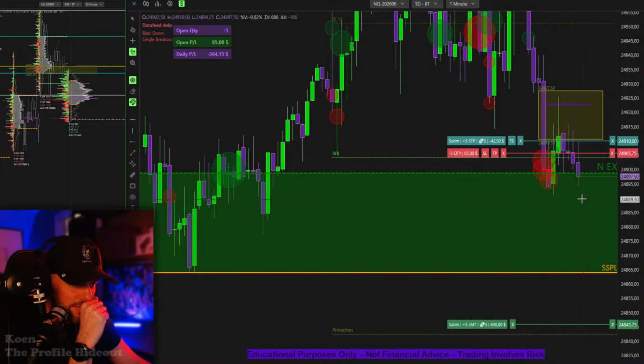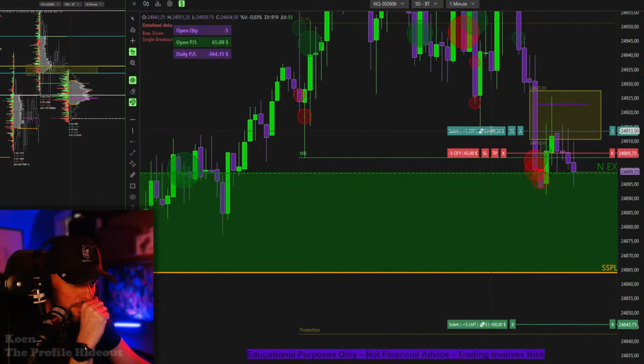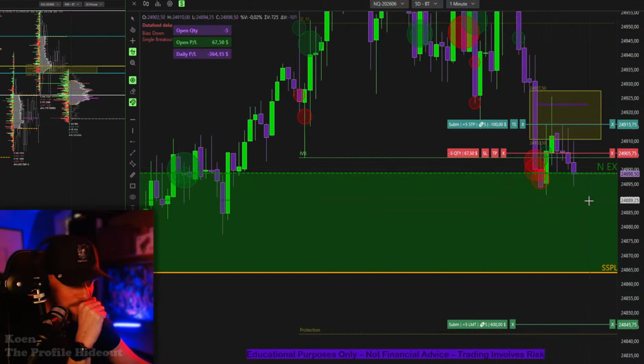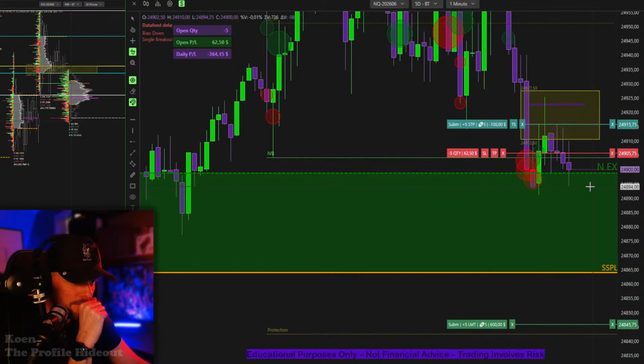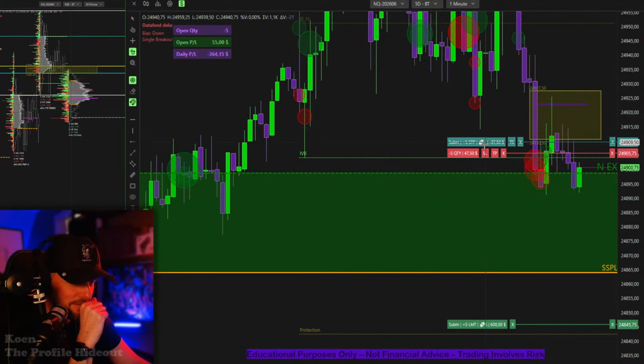Kind of want to see that candle hold. Wick 90s. Has to wick the 90s or rebalance. Come on, buddy.